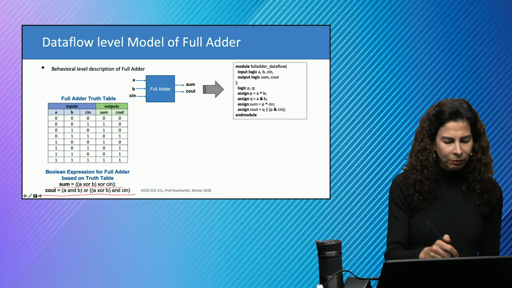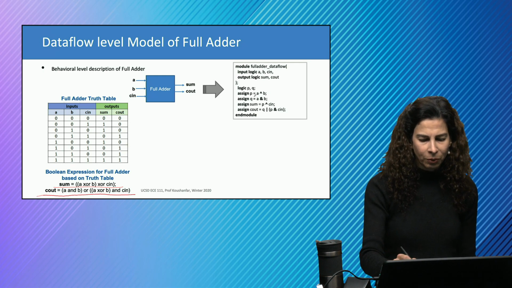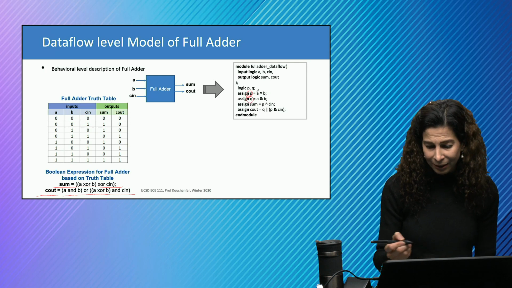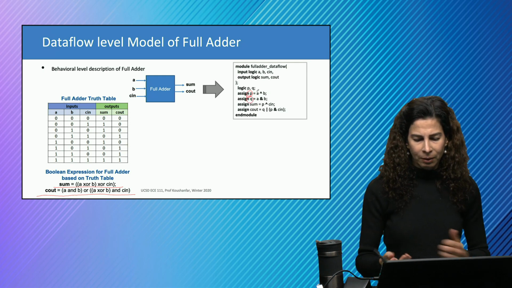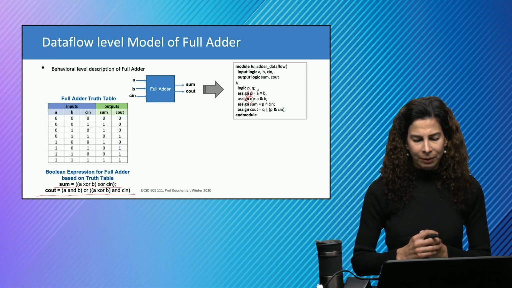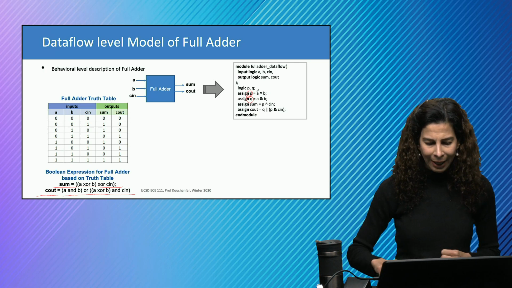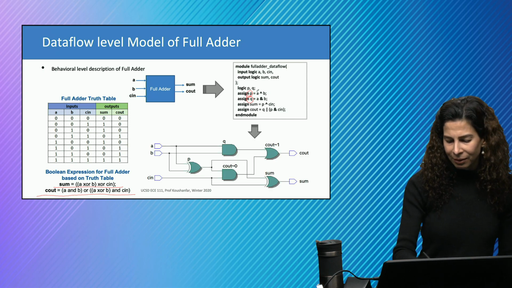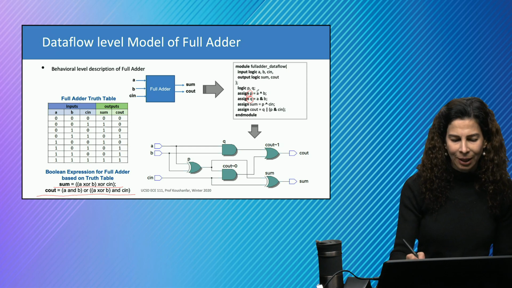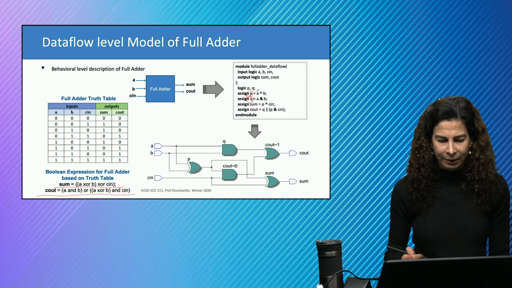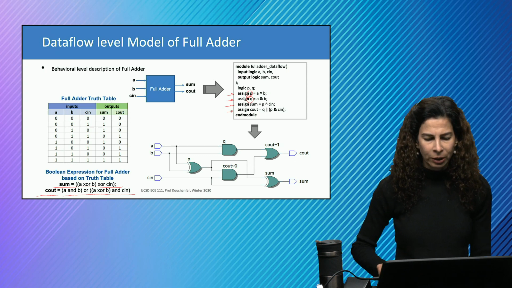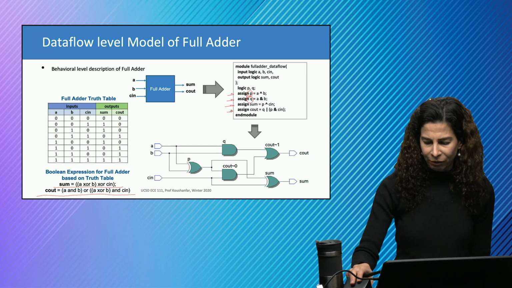If we do that, we could write this in terms of assignments to P and Q, which are basically the propagate and the AND of A and B, and then we write the adder in terms of the data flow model that way. Once we do that, we get this gate level description that is synthesized after we define the data flow model. Remember, here the data flow model is describing an assign, which is combinational logic for the purposes that we have here.